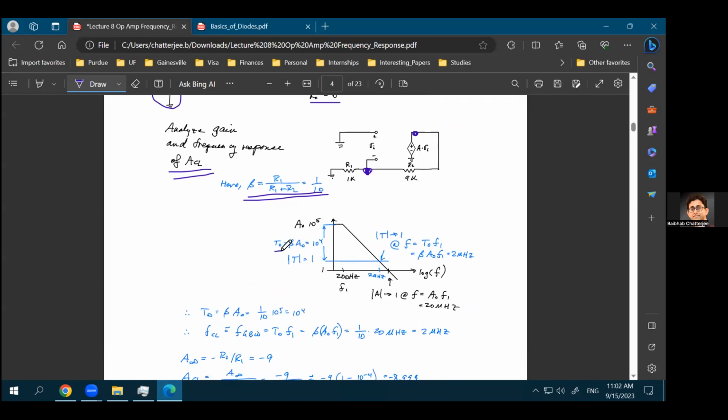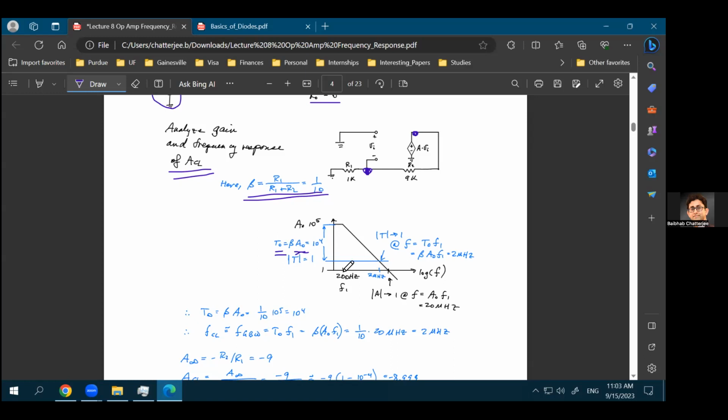So what would be your T naught? T naught is beta times A naught, because A naught was 10 to the power 5. Beta times A naught is 10 to the power 4. So T naught is 10 to the power 4. Your closed loop gain will be reduced by a factor of 10 to the power 4, and your closed loop bandwidth will increase by a factor of 10 to the power 4.